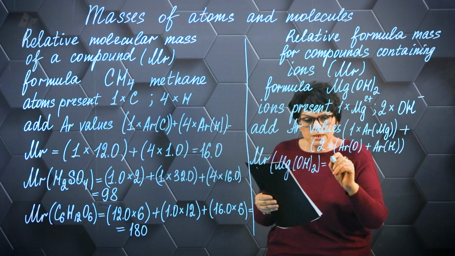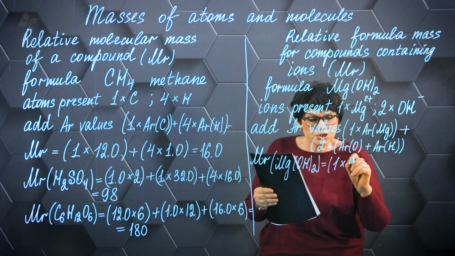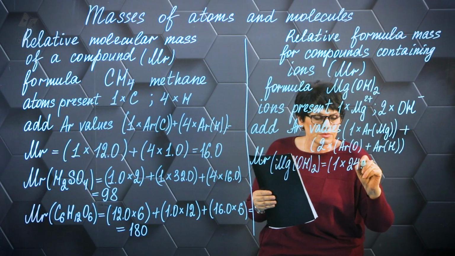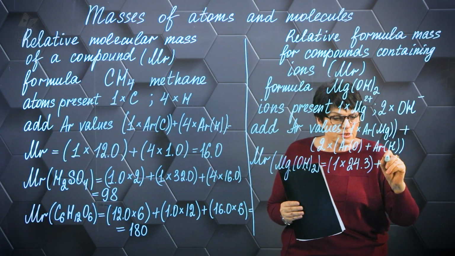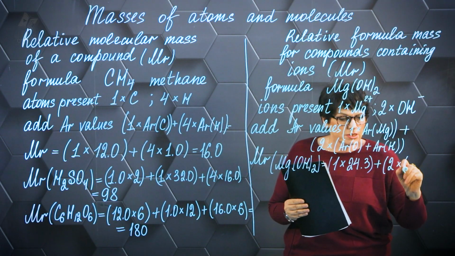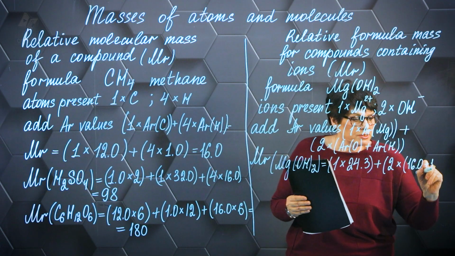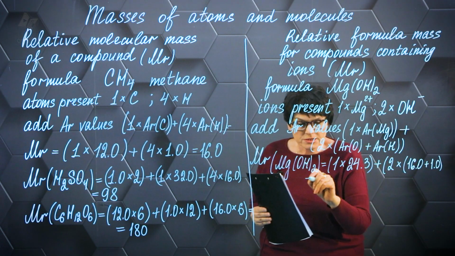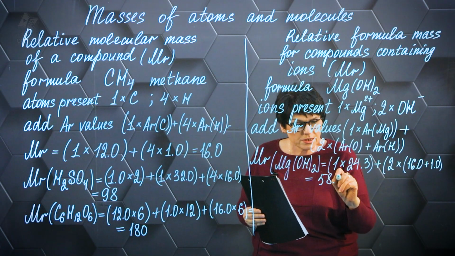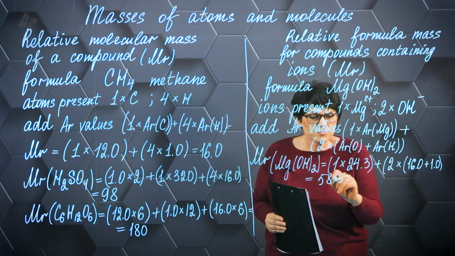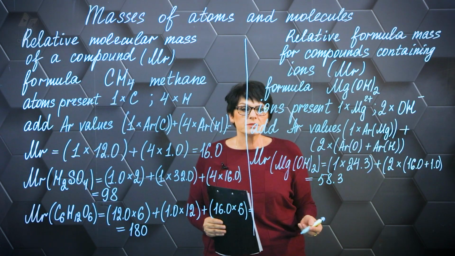For magnesium, it's 1 times 24.3, if we take it precisely, plus 2 times 16, and plus 1. The result of our calculation is 58.3.